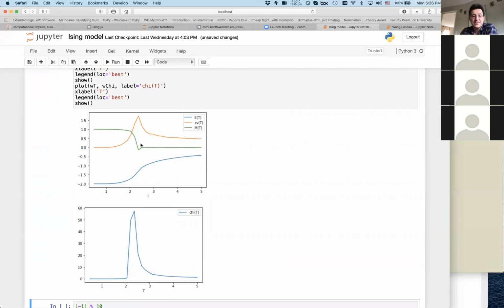Now, however, close to the TC, we know that magnetization should go as a square root of temperature, isn't it?